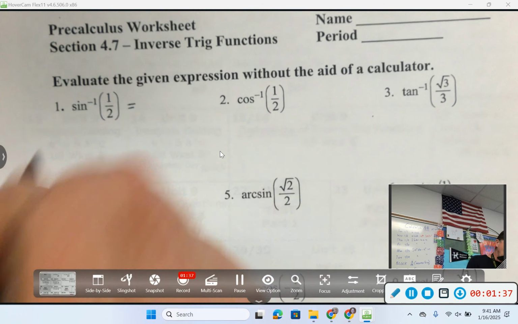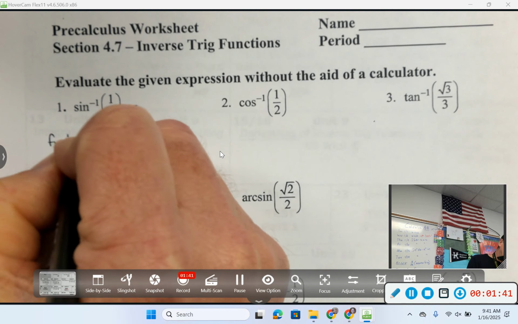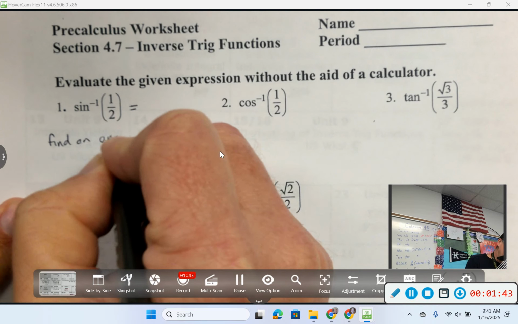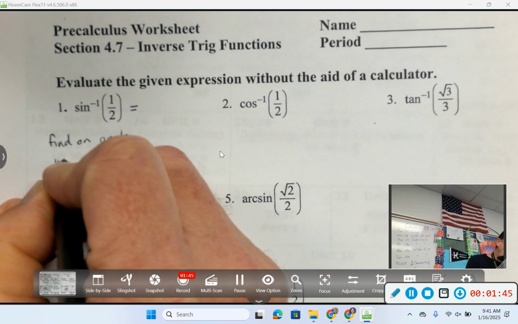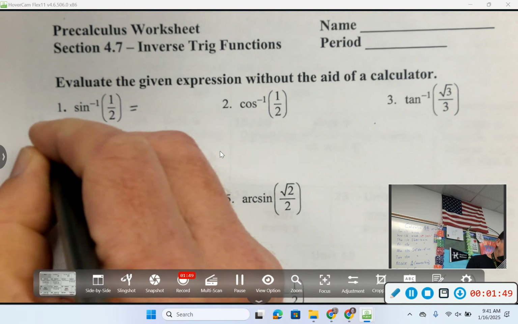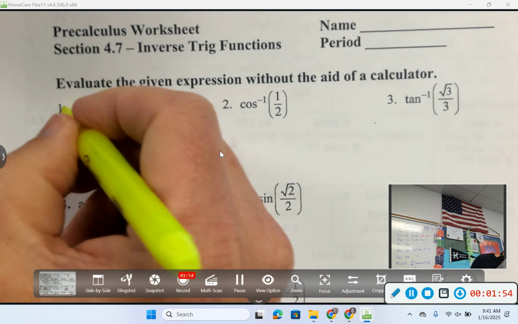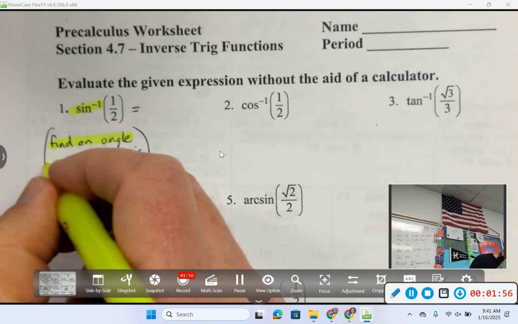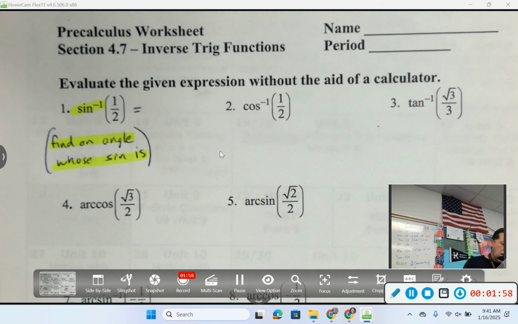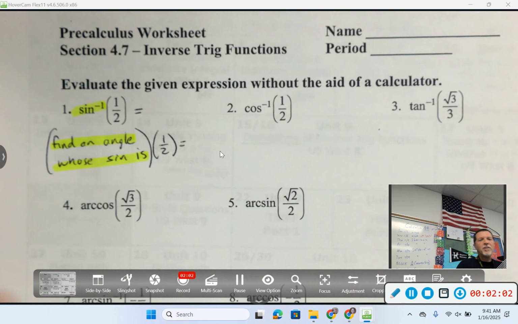Inverse sine means find an angle whose sine is, that's what inverse sine means. So that means find an angle whose sine is 1/2.